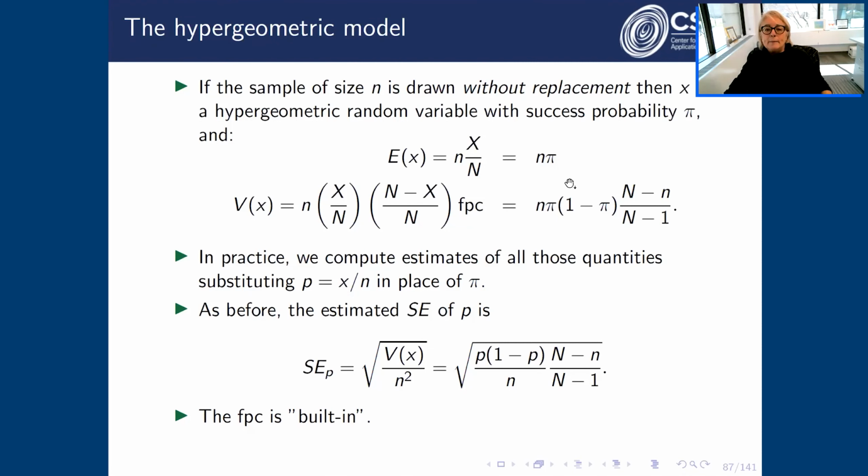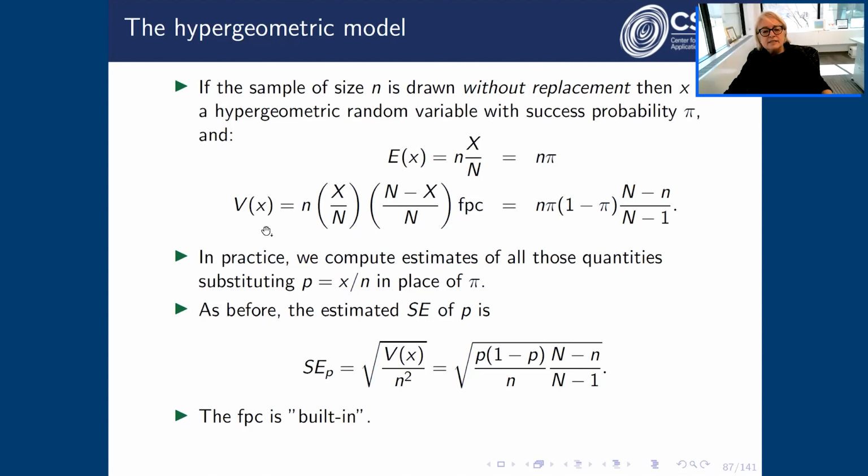And so it turns out that if X here is a hypergeometric random variable, where pi doesn't mean success probability but the proportion of positives in the population, then the expected value of X is just n times pi.